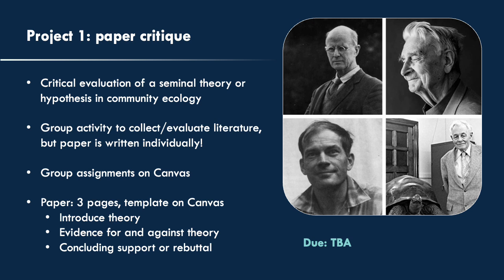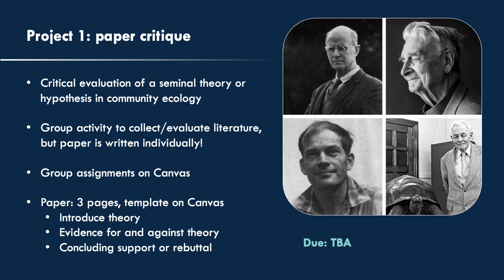So I'm asking you to pick a theory from a variety of papers that I'm providing, read the theory, and then do a follow-up search on how this theory has fared in the literature.